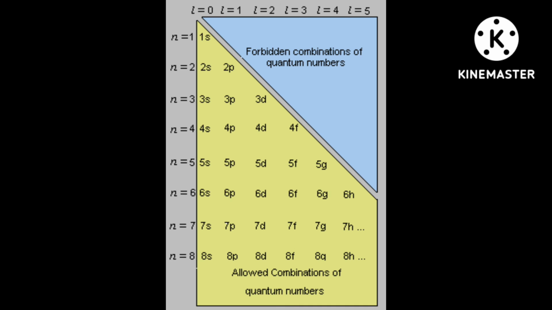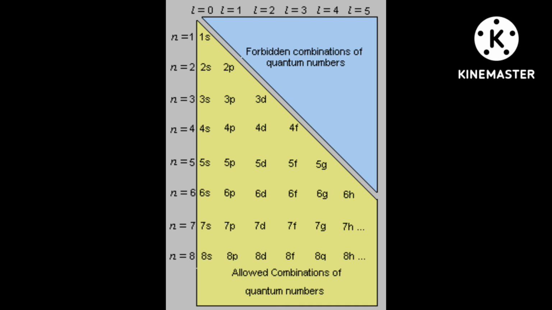Now again, important things. In the s subshell, only one s orbital is there. In the p subshell, three orbitals are there. In d, 5 orbitals are there. In f, 7 orbitals are there.